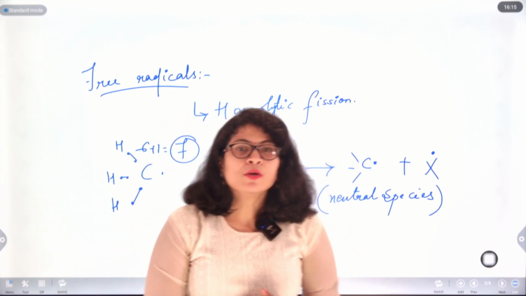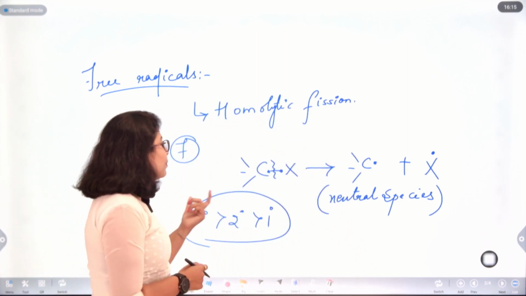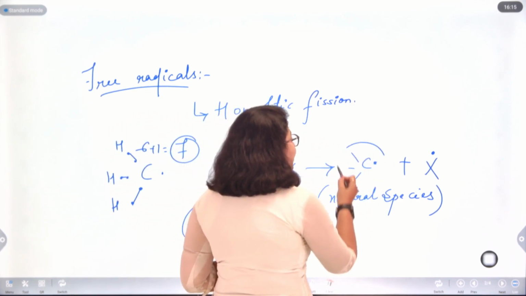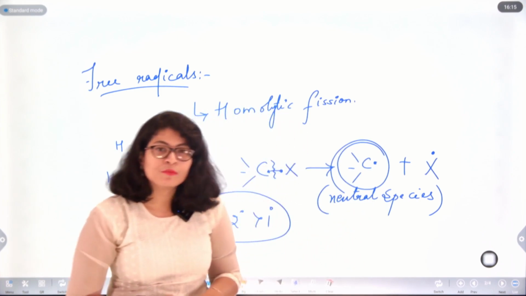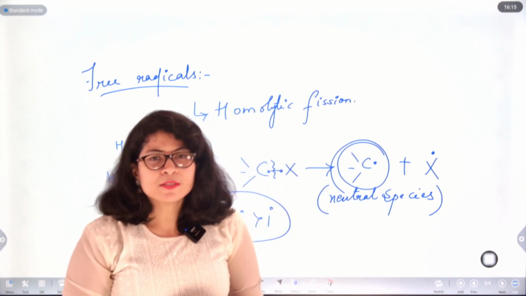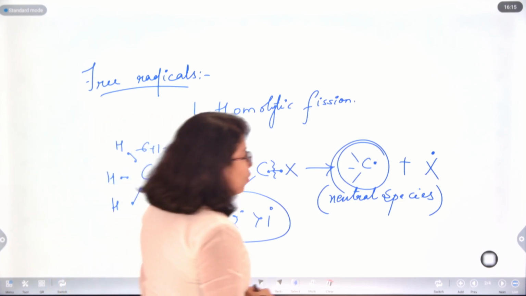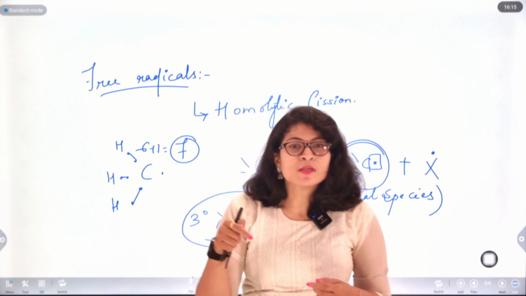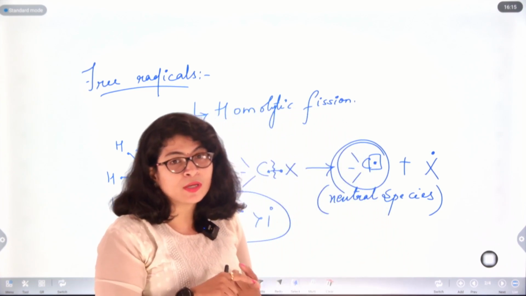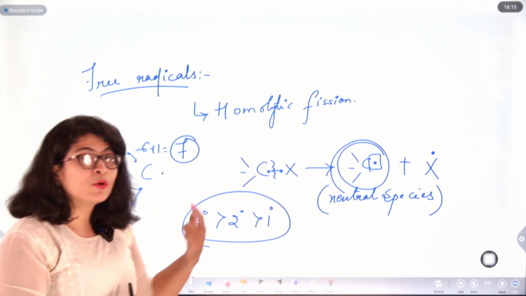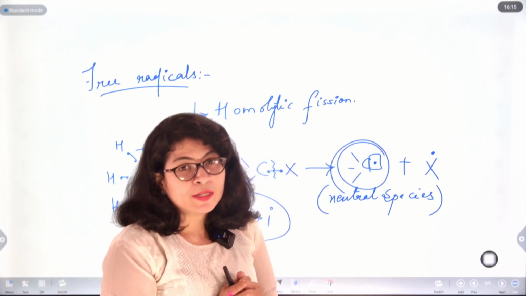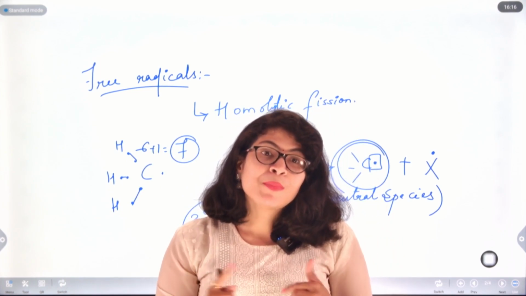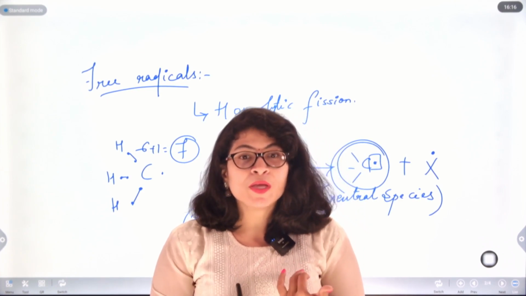Now if I see the hybridization, initially it was obviously sp3 hybridization. While coming to the free radical stage, did it lose both of its electrons? Obviously no. It still has one more electron. So I will count this orbital also in considering its hybridization. 3 orbitals are already used, plus the 4th orbital also contains 1 unpaired electron. So the concept we gained is that while finding out the hybridization, we will include sigma bonds, pi bonds as well as unpaired electrons.